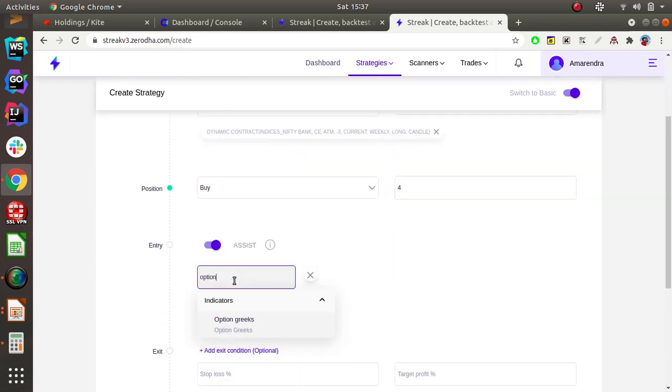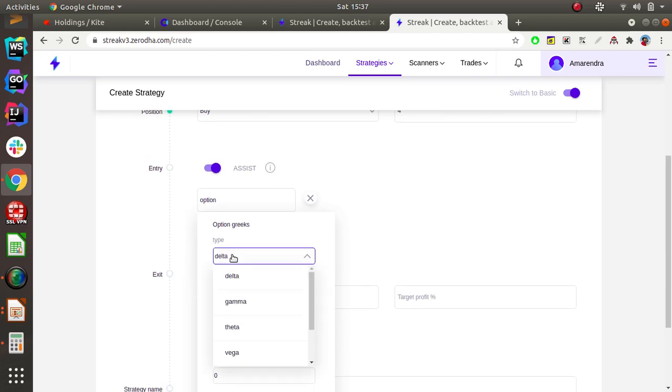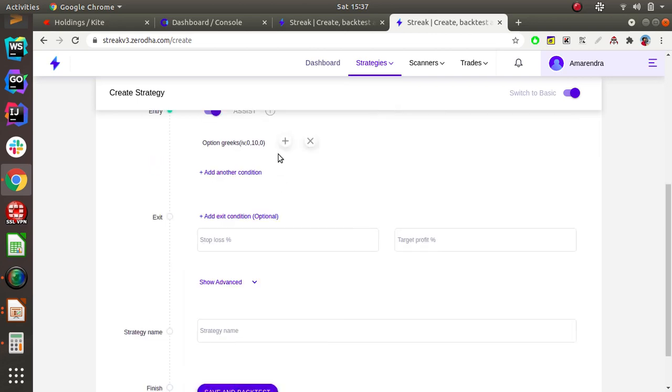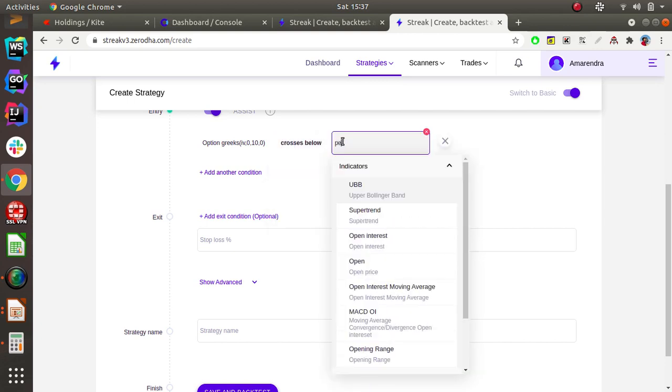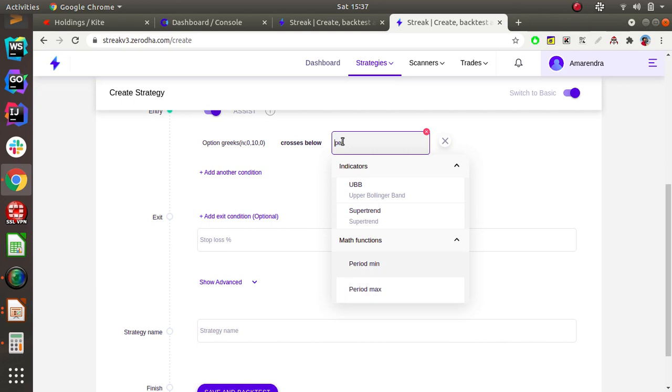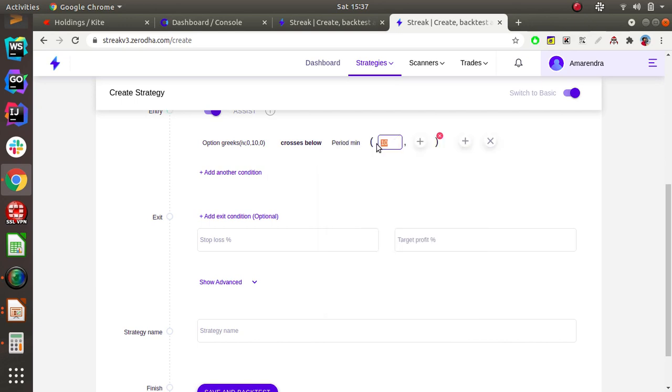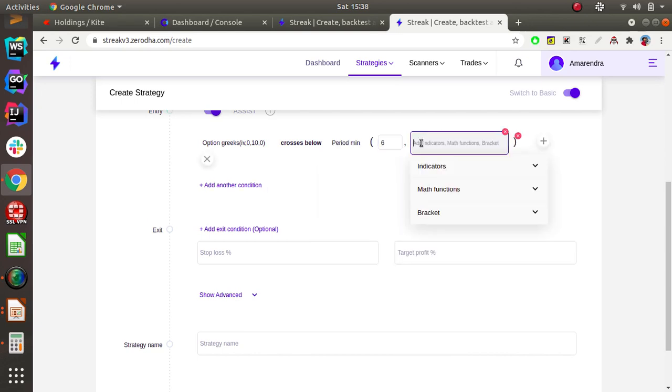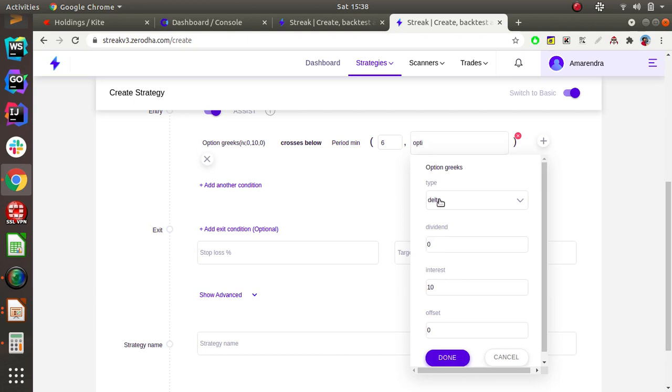So for option Greeks, as we discussed, we use IV, implied volatility, crosses below the minimum over a period of 6, option Greeks IV, with offset I'm giving -1.